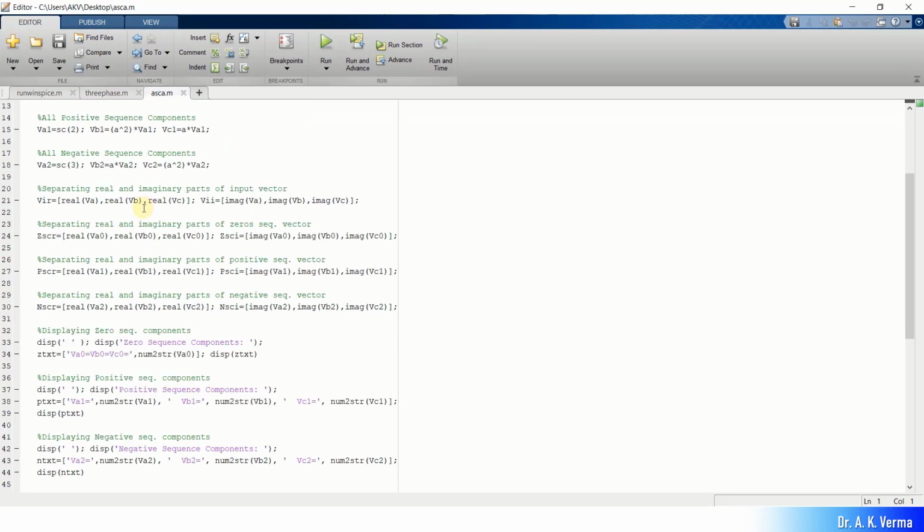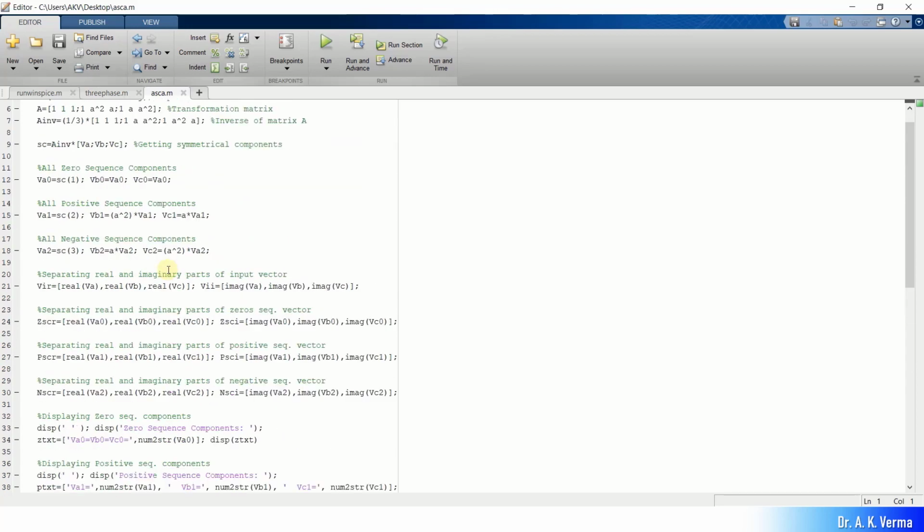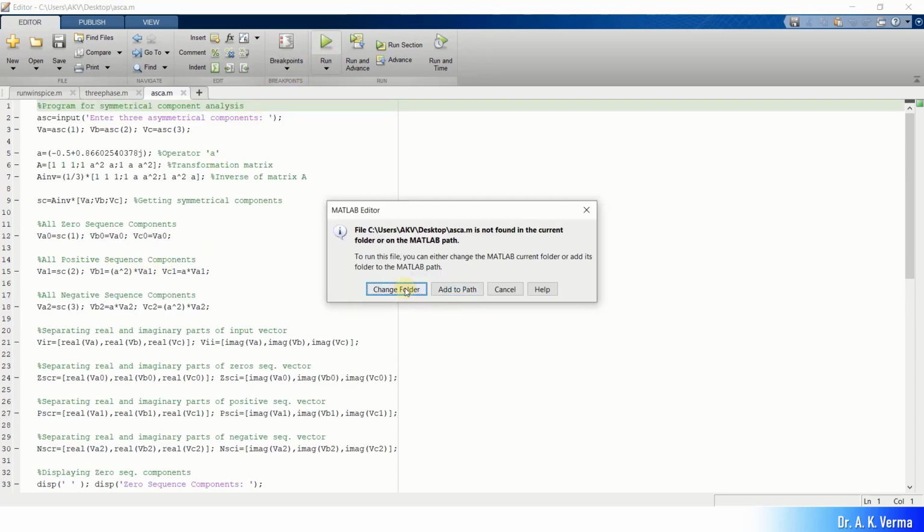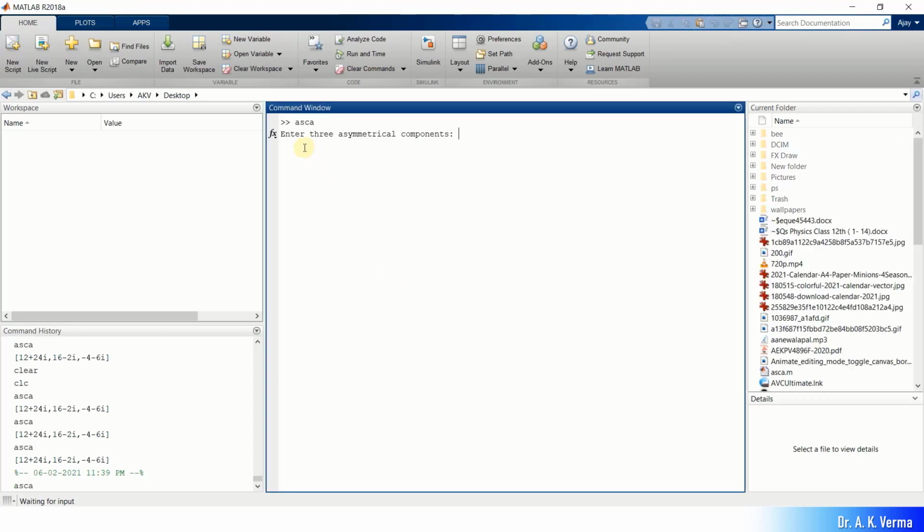I have already written this program, so I will simply execute it by pressing the run button. Now it is asking me to enter the three asymmetrical components. This is how I can enter the components inside this array. My first component is 12 plus j24.